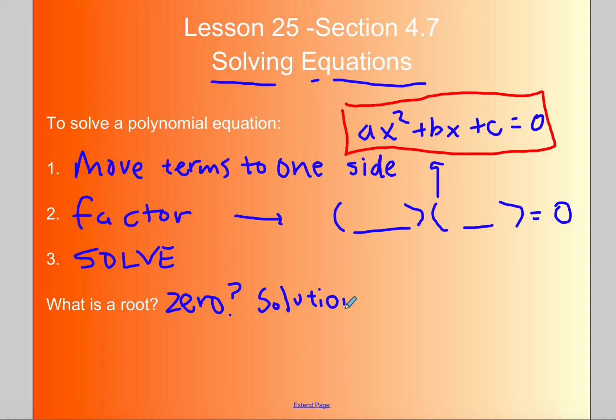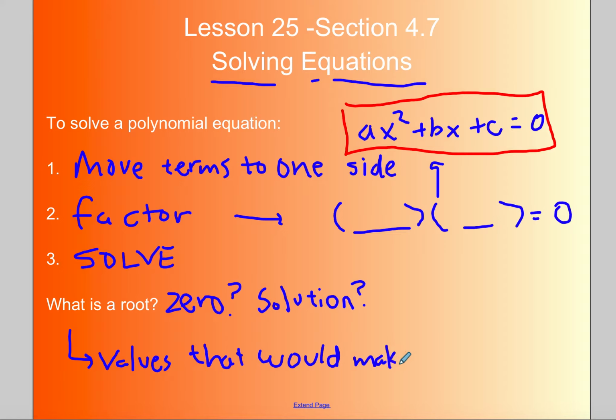All of these things are values that would make an equation equal to 0.